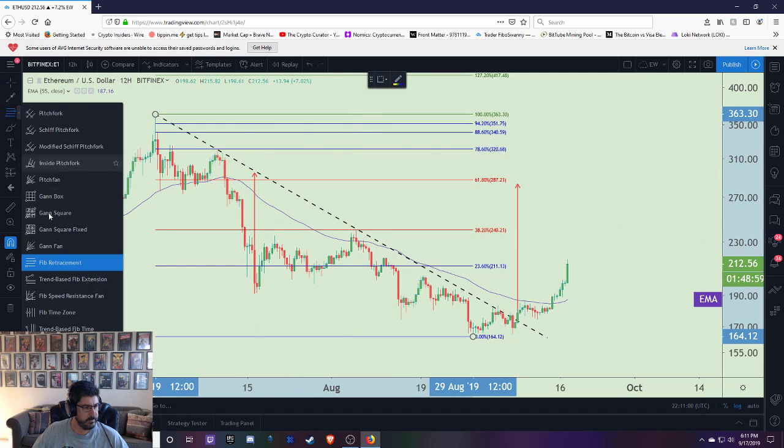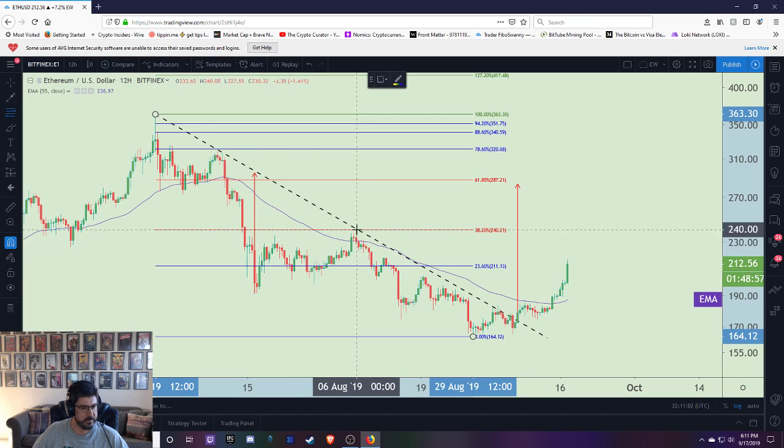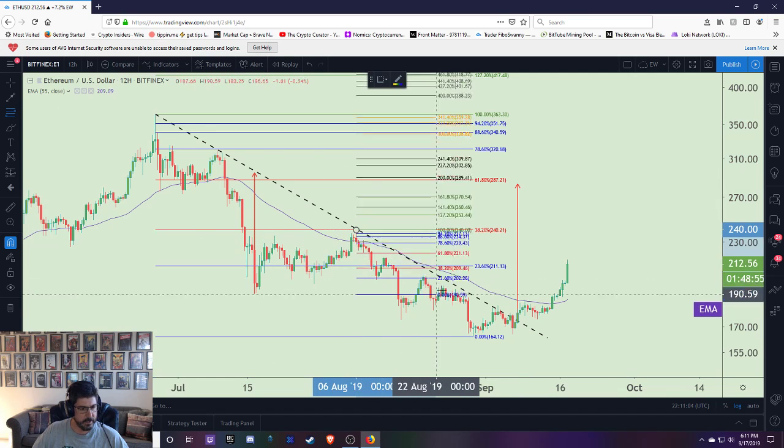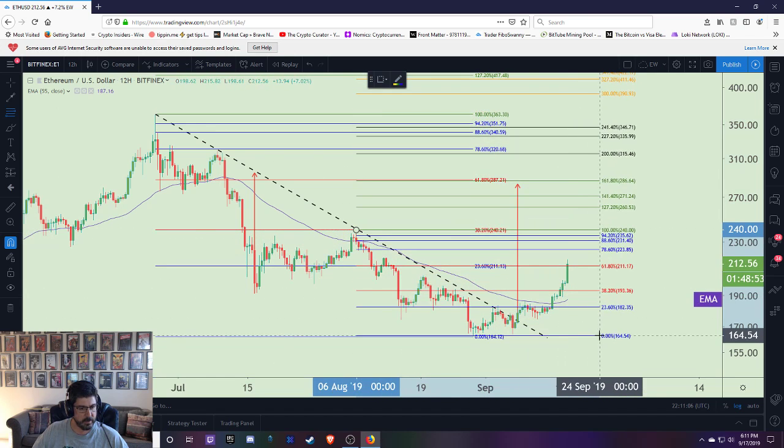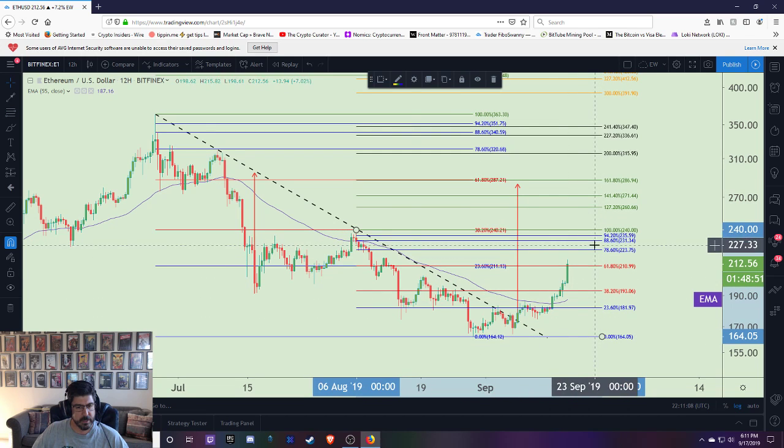So if we do a Fibonacci retracement off of this point right here, and then work our way down, I'm going to rough it in right there. The 61.8% level for the one we're looking at right now is at 210.99, and as you can see, it's starting to trade above it on this 12-hour candle.